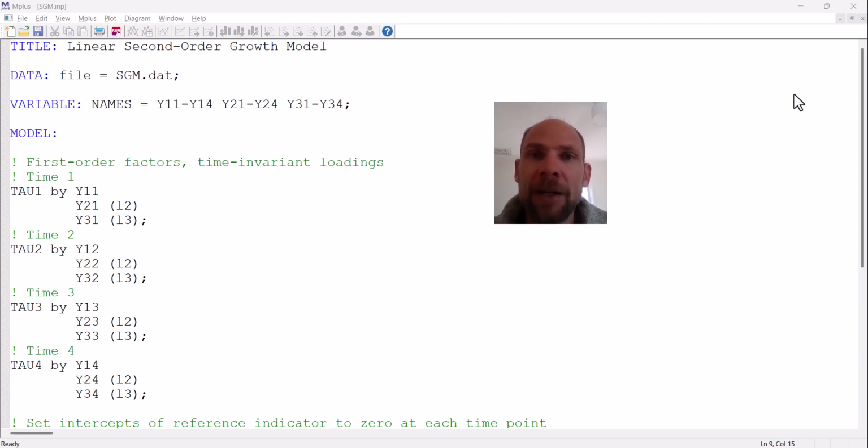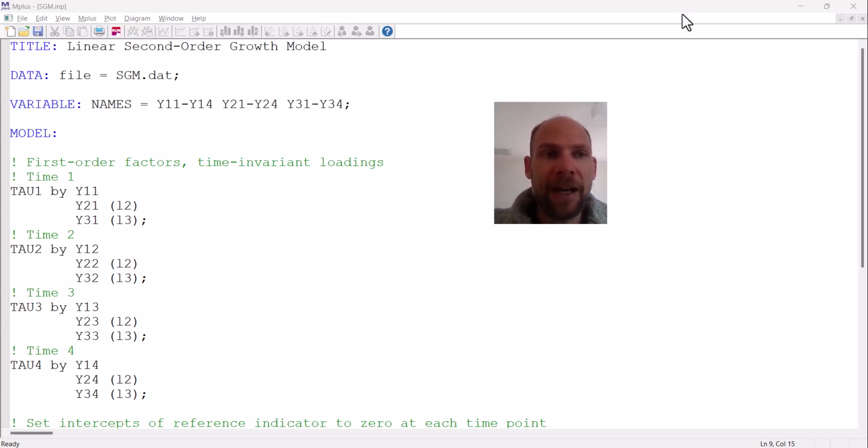One way to use multiple indicators in a growth curve model is by using a so-called second-order growth curve model, in which you have the growth factors as second-order factors. And that's what I want to show you here in this syntax.